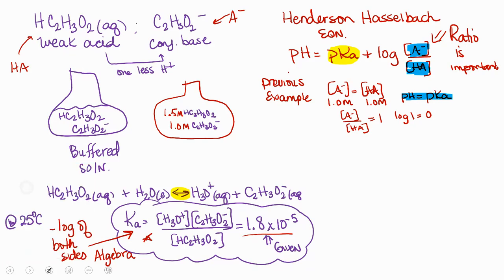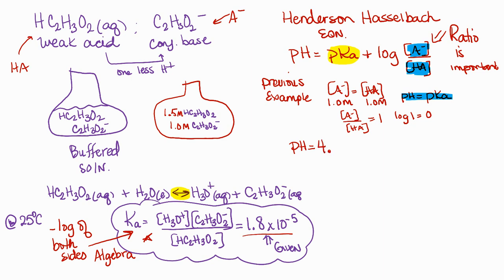Okay, now let's take a look at this example. My ratio is not 1 because one of them is 1.5 and the other one is 1.0. So let's plug in. pH equals pKa. Now our Ka is 1.8 times 10 to the negative 5.